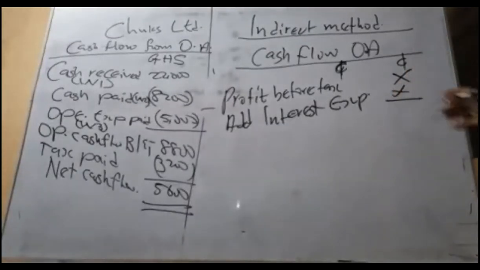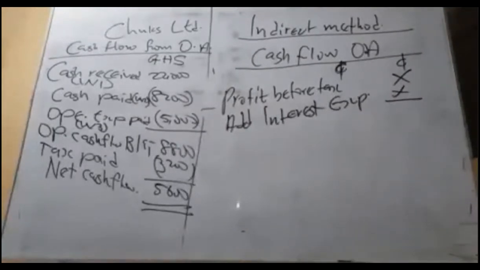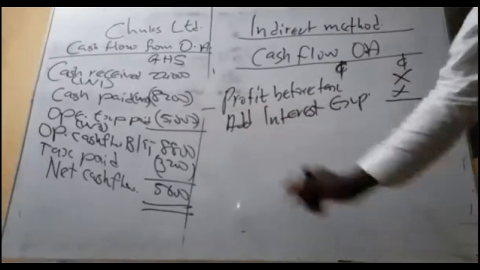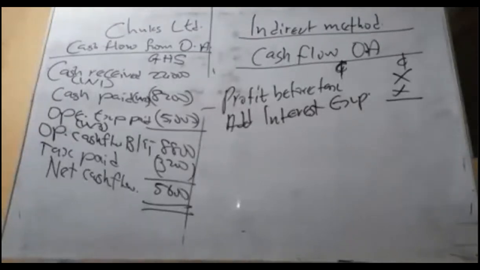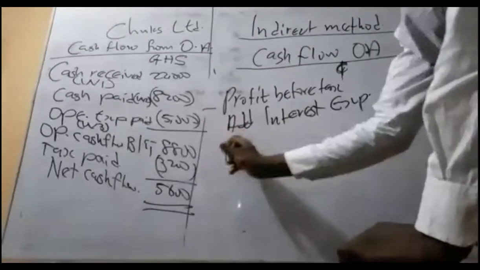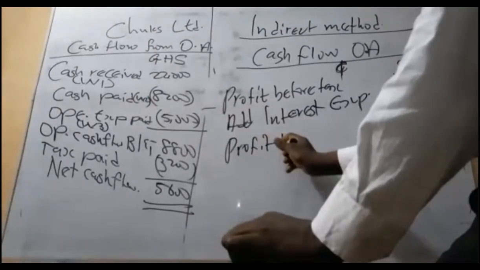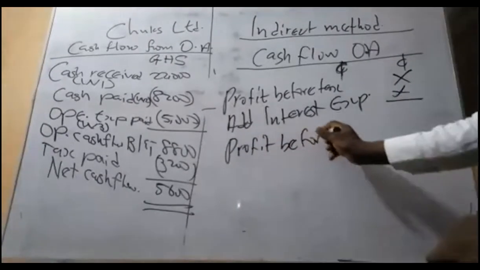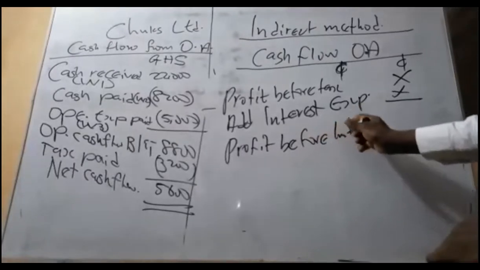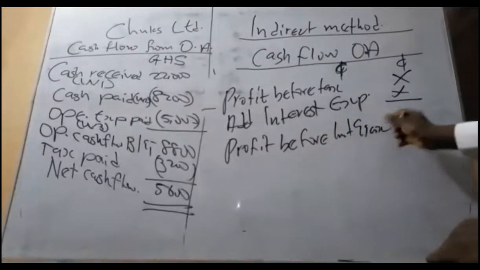As soon as you add this, I'm going to get one of the profits called profit before interest and tax. So profit before interest and tax.